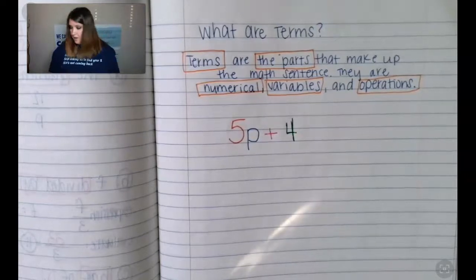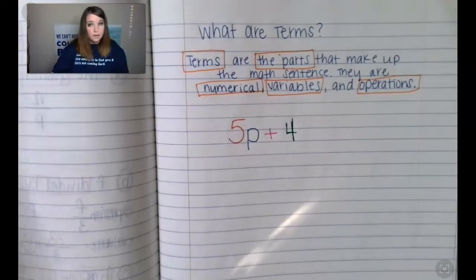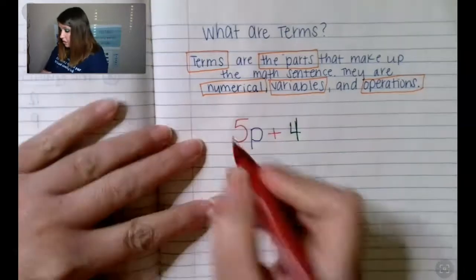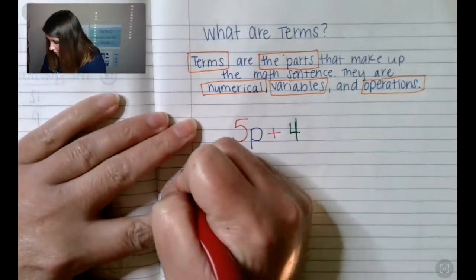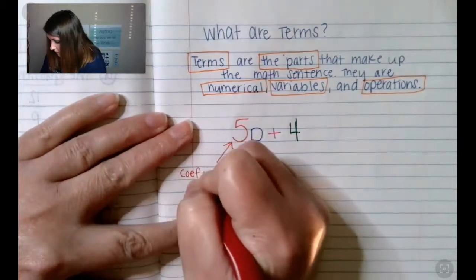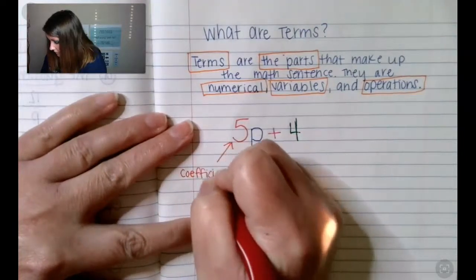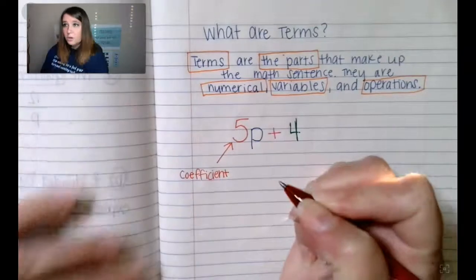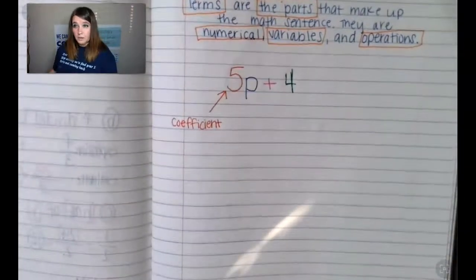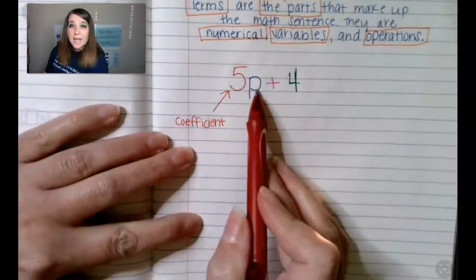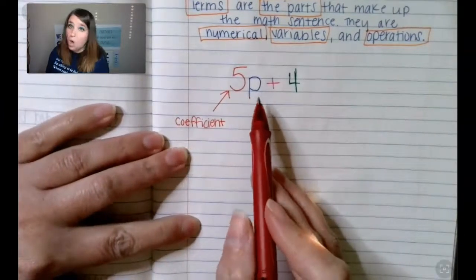The last constant, the last number, is a 4. Okay, we have the first digit here. This one here is called the coefficient. The coefficient is really important. It's always attached to a letter, always.